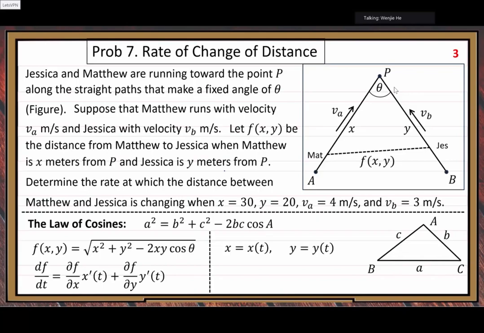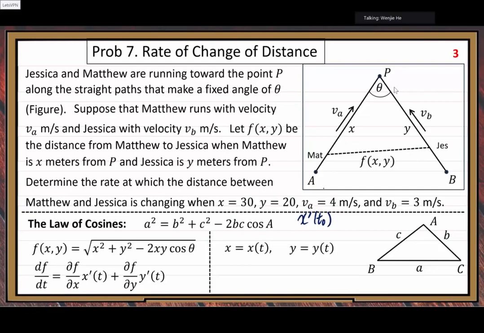So how do we interpret VA? Because there is a specific time point, our interpretation is x prime of t0. We do not have the specific value of t0. So at some time point t0, we do not know what time, but it's not important.